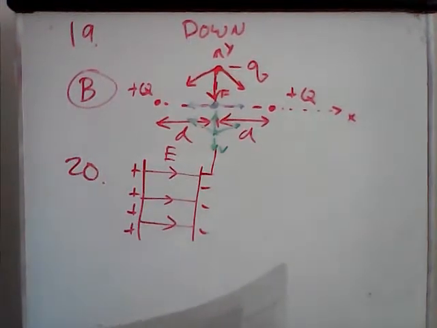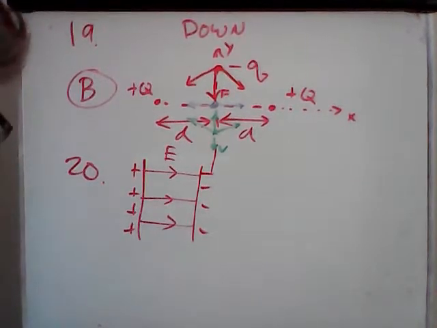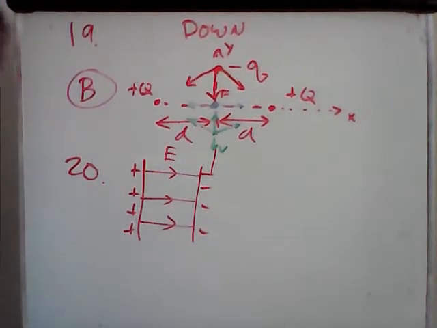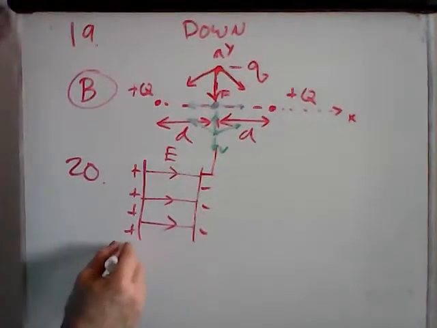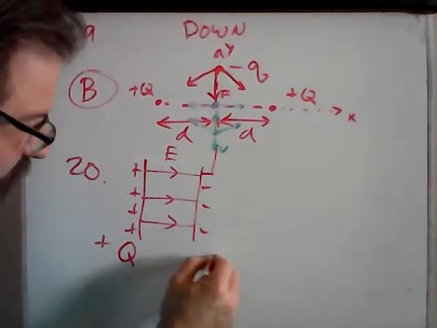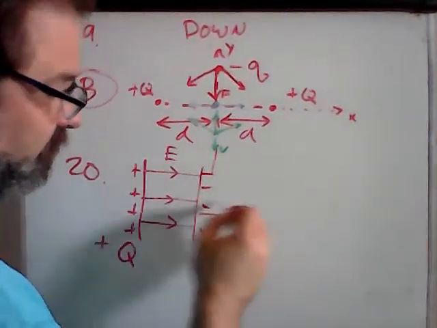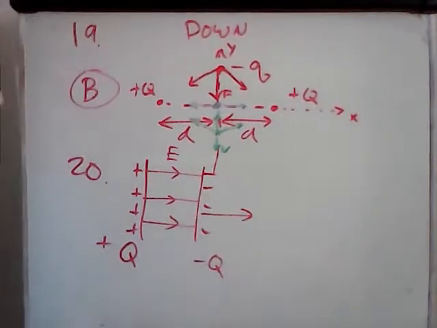Uniform electric field exists between the two large oppositely charged plates shown above. If the distance between the plates is increased without changing the charges on the plates, which of the following statements can be justified? So we're going to keep this charge here plus Q, and this charge here minus Q. And we're going to increase the distance here. So we're going to move this thing over, and let's just take a look at our two equations.